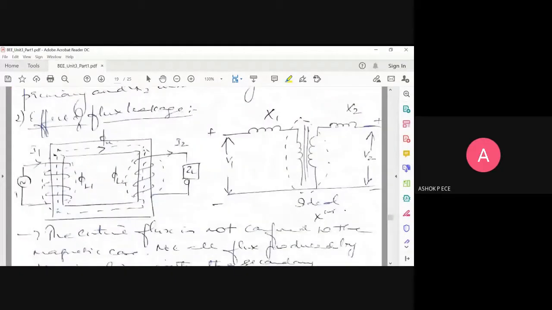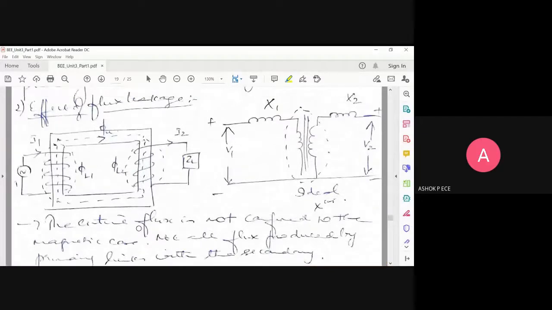Next one, effect of flux leakage. You know that the transformer action happens entirely by electromagnetic induction. Whatever flux is produced in the primary is going to travel through the core, and it is going to link with your secondary. In an ideal transformer, we have seen there is no flux leakage. But in a practical transformer, definitely we are going to have flux leakage.